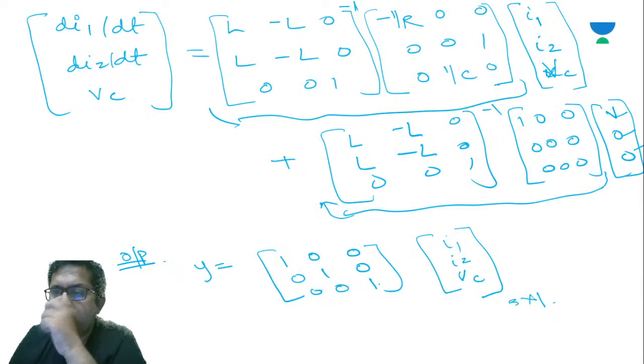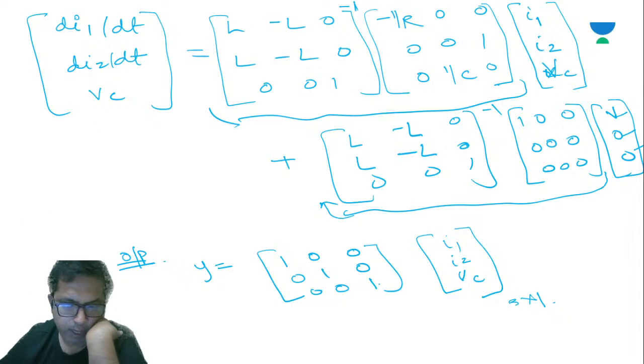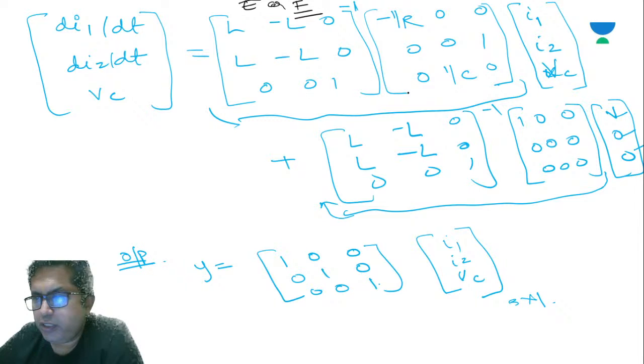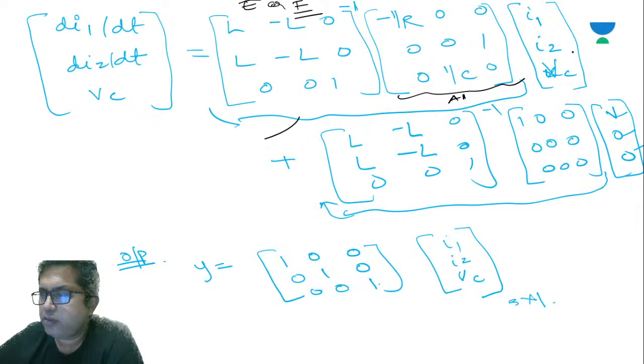Instead of E, I will say F matrix. This is the A dash matrix. I will write it down here. This is the A dash matrix. Complete matrix is the A matrix. This is the E or F matrix.